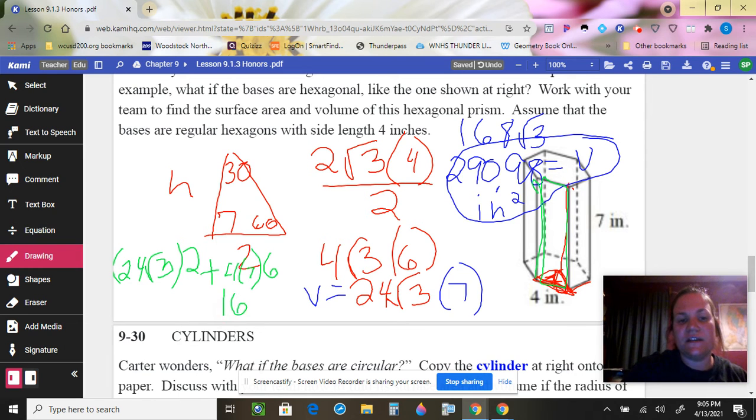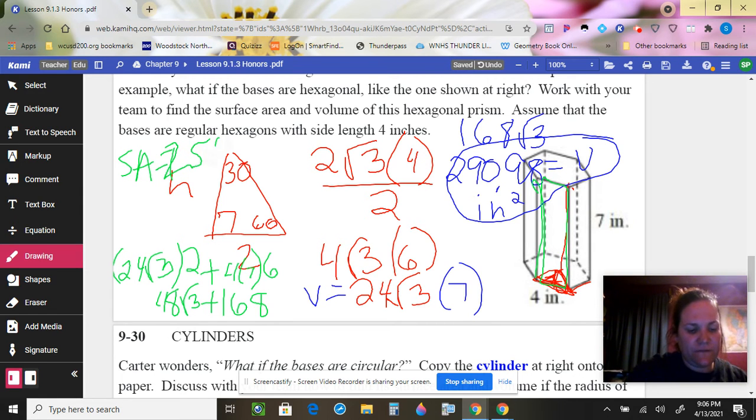So that's going to be 168. And then this would be 48 radical 3. And then I'm going to go ahead and at the end, write it as a decimal. So I took 168 plus 48 radical 3. So that should be about 251.14. And I guess I should write inches squared.